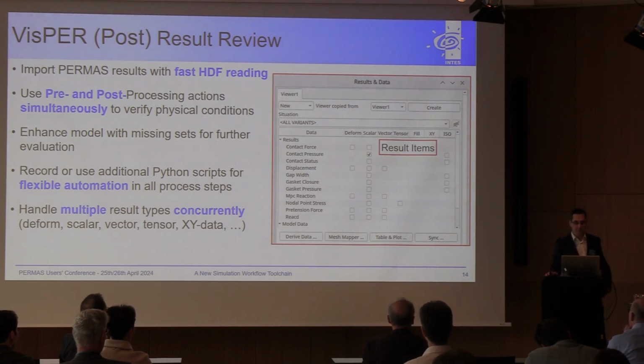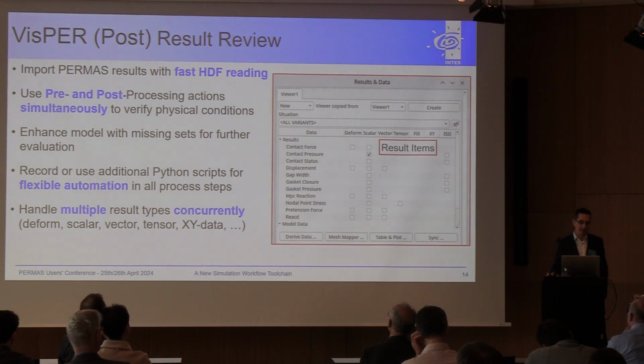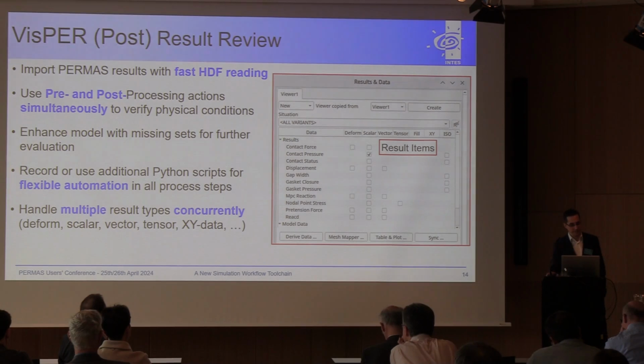Just go into VisPER where you are and create some node sets, and there you are. You also have the possibility to record all your steps in VisPER within a Python script. So you have flexible automation, and if you recalculate later on, you can execute this Python script, and all the processes like selecting results, selecting nodes, creating plots, and so on are executed automatically.